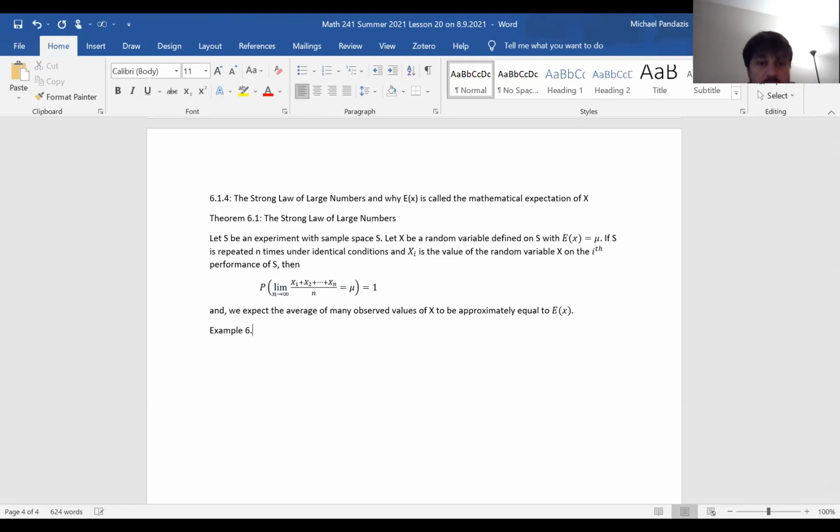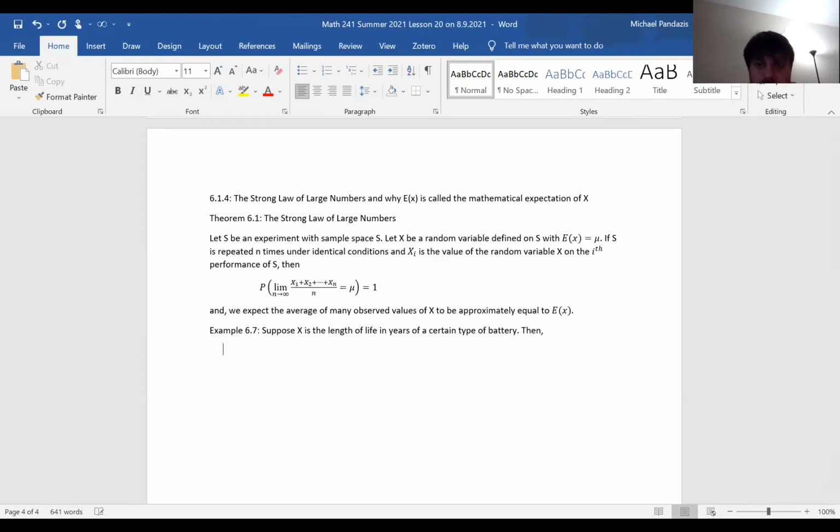Example 6.7. Suppose capital X is the length of life in years of a certain type of battery.